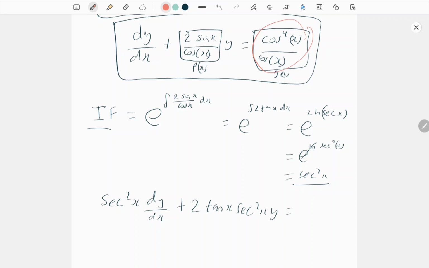So just looking at this bit here, it's cos cubed. If I then multiply by sec squared, that's like dividing by cos squared. So that's going to be just cos x.